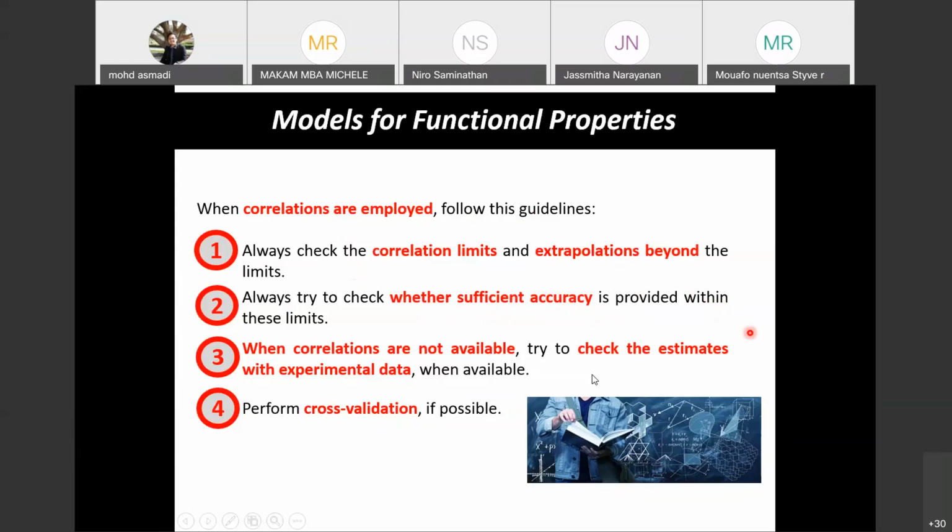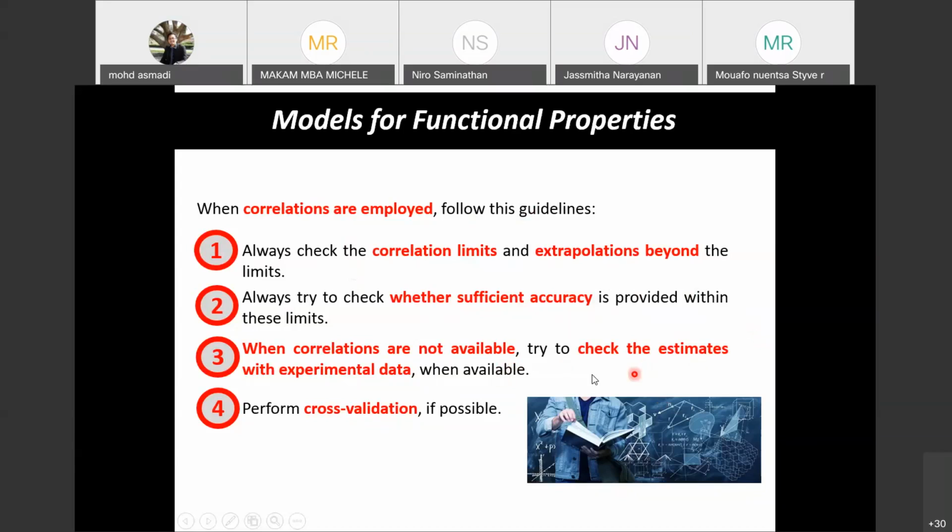I hope that you can still remember how to determine the activity coefficient, and the fugacity coefficient. Do you still remember how to determine gamma i? Anyone still remember how to determine gamma i? Phi, the fugacity coefficient, and the activity coefficient.